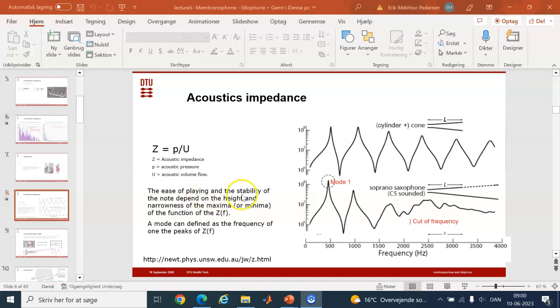The ease of playing and the stability of the note depend on the height and narrowness of the maxima or minima of the impedance Z as a function of frequency. A mode can be defined as the frequency of one of the peaks.